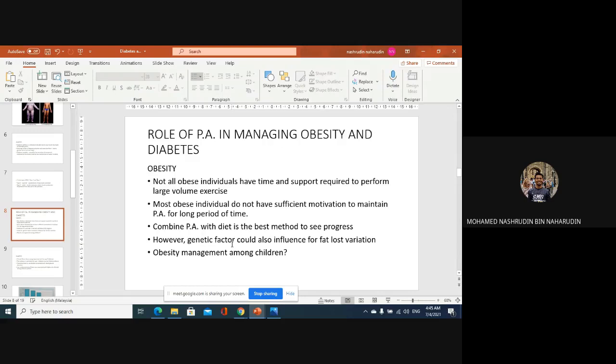You have to explain to the child with obesity what they can gain, or what is the fun thing if they do physical activity, to make sure they have interest in doing more exercise or physical activity to improve their obesity. So that is the role of physical activity in managing obesity.